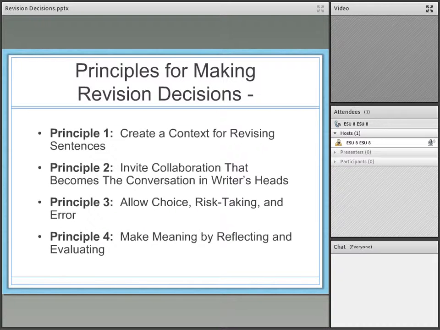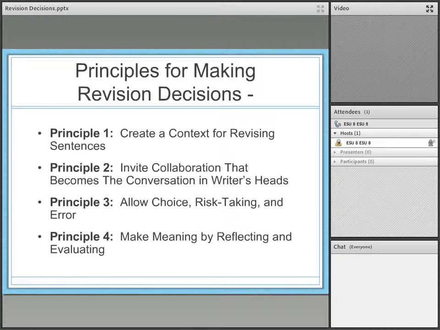Now, these are the four principles of making revision decisions. Principle one is creating a context for revising sentences. Principle two is invite collaboration that becomes the conversation in the writer's heads.